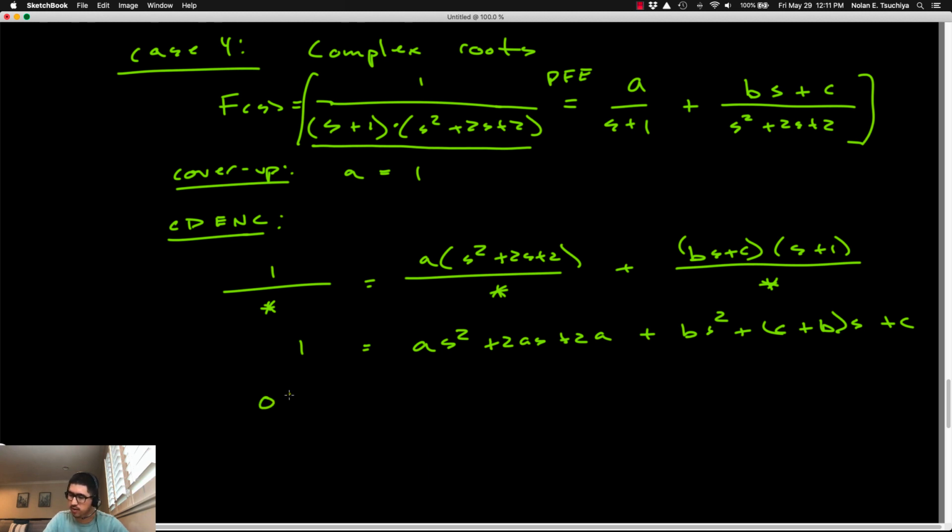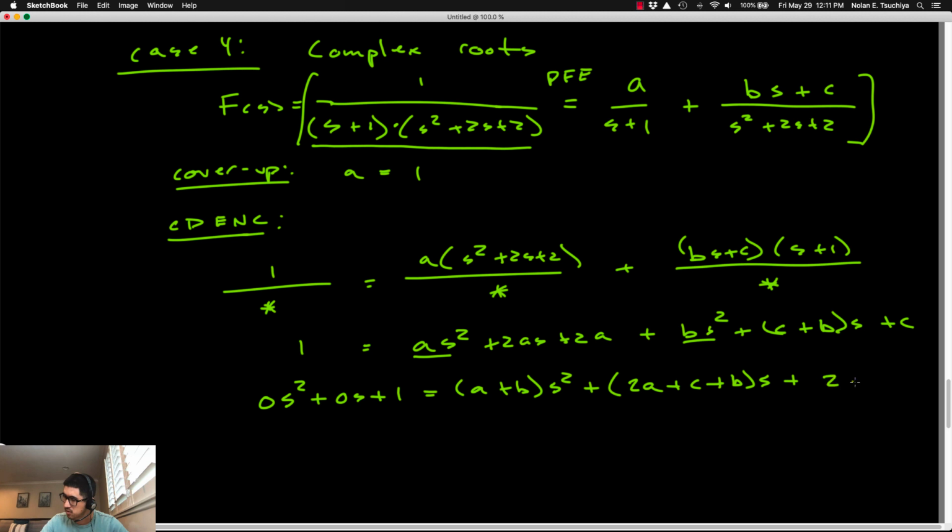Or I'd rather write it as 0s squared plus 0s plus 1 equals, and then I'm going to combine all the like terms here. So I get A plus B, times s squared, plus 2A plus C plus B, times s as the middle term. And then I get plus 2A plus C as the third term. I think that should be right.